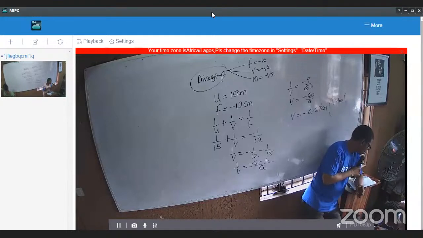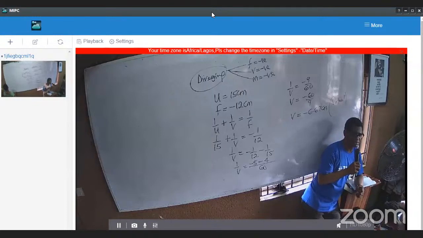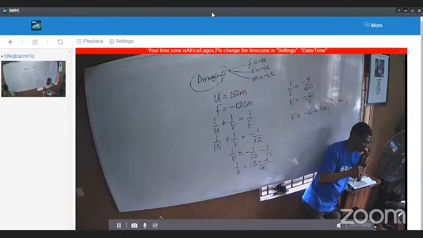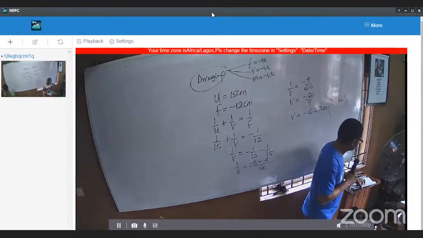If it contains water of refractive index 1.3, calculate the apparent depth of the pool. Class work.